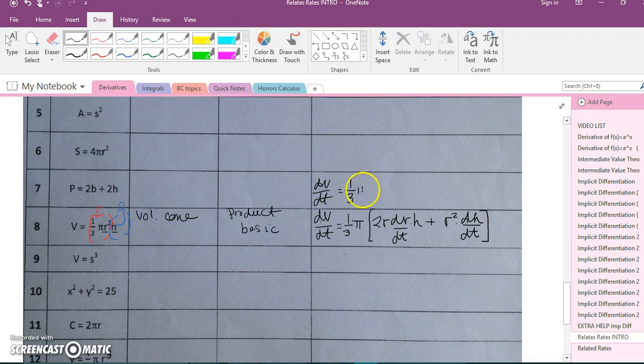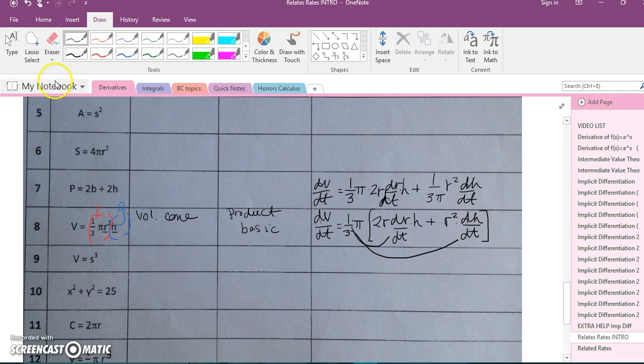That'd be 1/3 pi times 2r times dr/dt times the second, which is h, plus first, keep it unchanged, 1/3 pi r squared times derivative of second. Either way, it's going to be the same thing if you would just distribute 1/3 pi to each of those. Totally up to you how you want to deal with it.